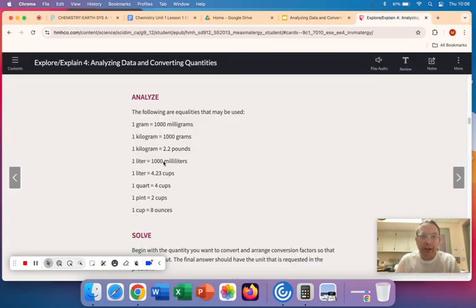Let's relate milliliters to liters, and then liters to cups, and then cups to pints. So we're going to say 1 liter is 4.23 cups, and 1 pint is 2 cups.